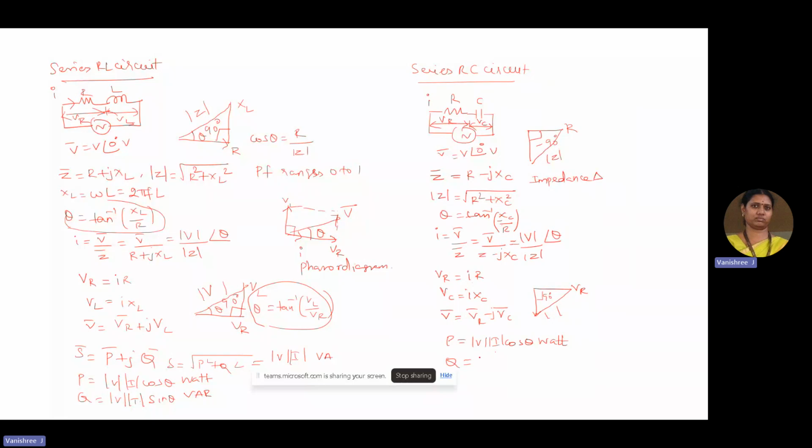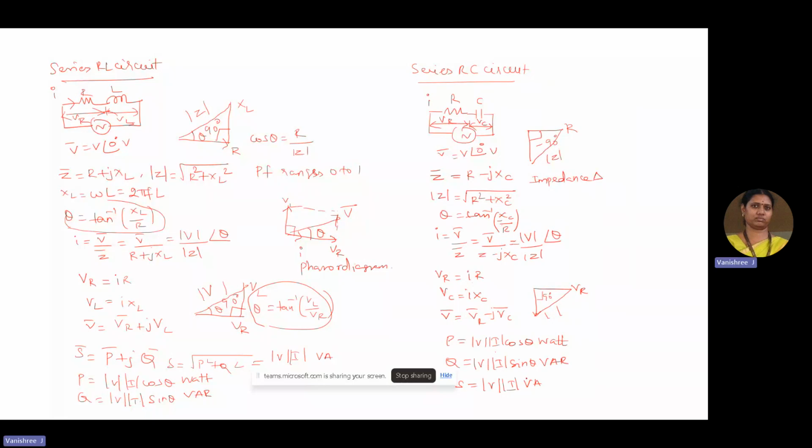Reactive power Q is given by modulus of V into modulus of I into sine theta, measured in var. Apparent power is given by modulus of V into modulus of I, measured in volt ampere.